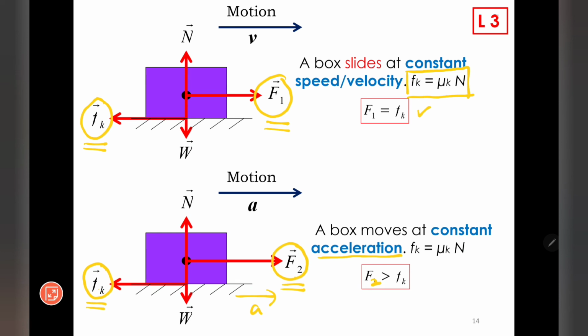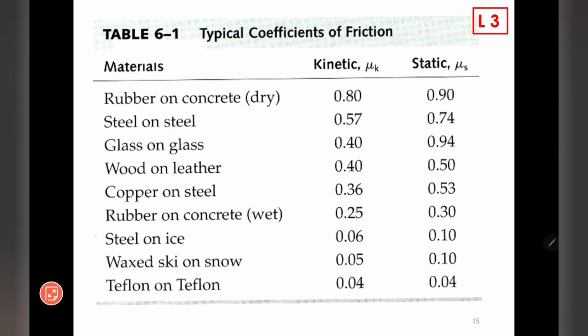Alright, next, this is an example of the coefficient of friction for different materials. For example, for rubber, the coefficient of kinetic friction is 0.80, while its coefficient of static friction is 0.90.